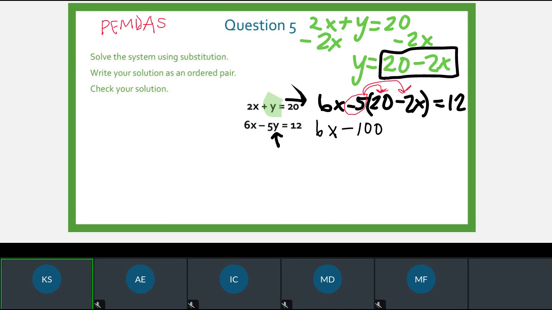Okay, good, Anna. So we get 10x. Don't forget your x. Equals 12. Now we're going to combine like terms. So 6x plus 10x. What is 6x plus 10x?